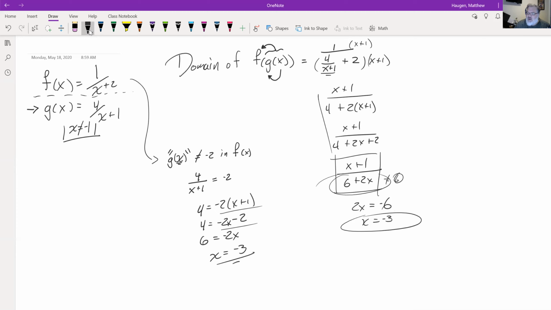But we got here by multiplying top and bottom of this by x plus 1. If x is equal to negative 1, we multiplied the top and bottom of that fraction by 0. Are we allowed to do that? No. So this operation is only legitimate when x isn't equal to negative 1. So what's our domain? x where x is not equal to negative 1 and negative 3.